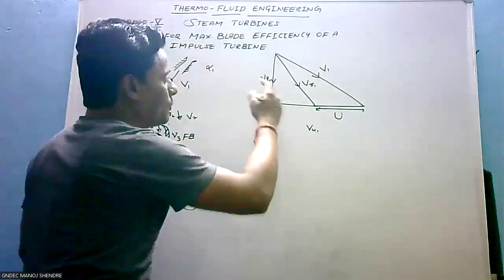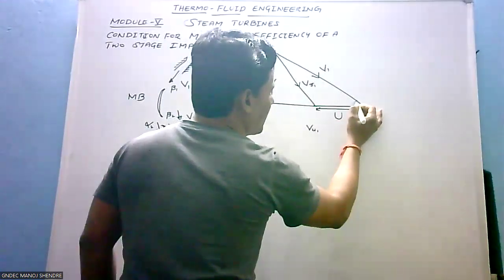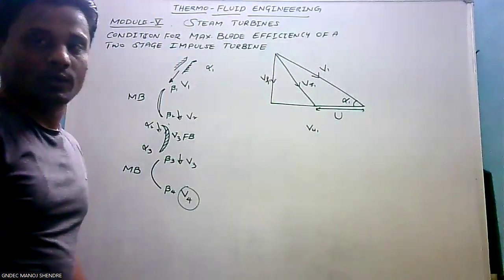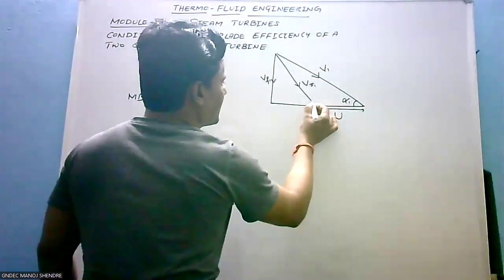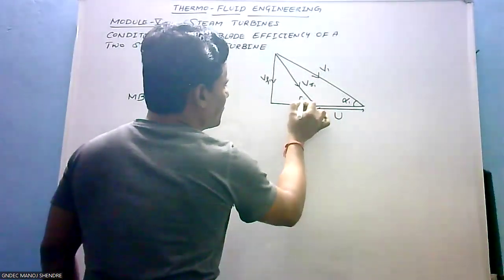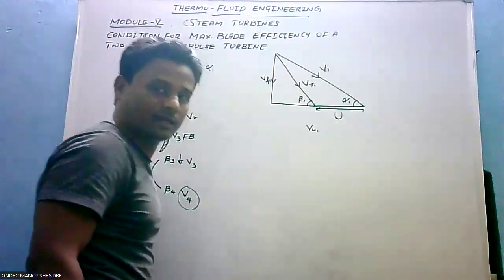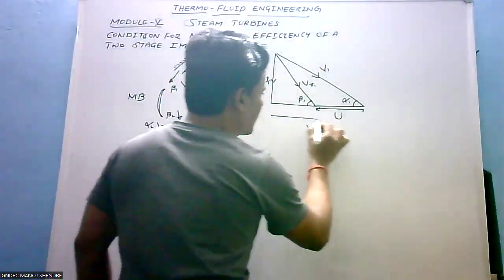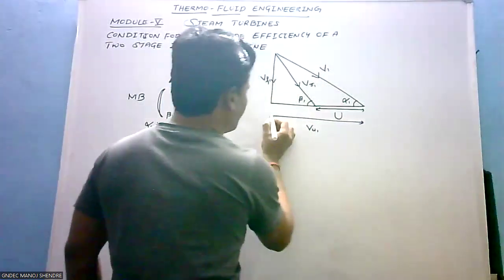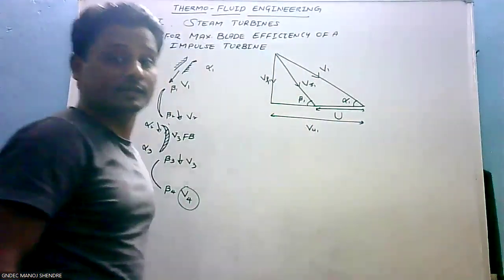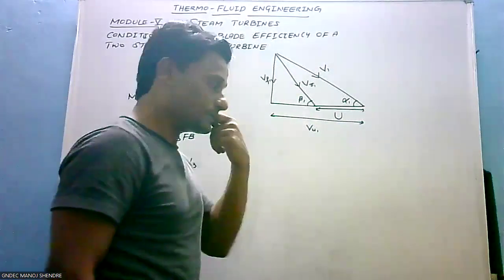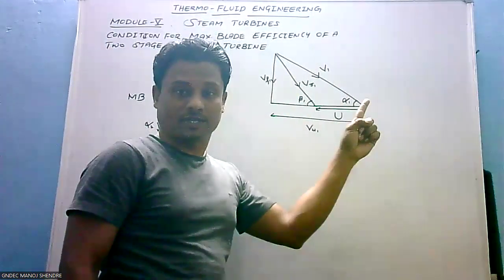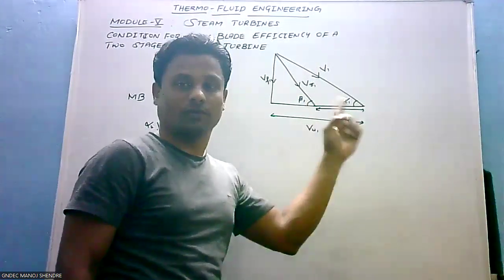V1 experiences the angle alpha 1 with respect to horizontal. VR1 experiences the angle beta 1 with respect to horizontal. The complete horizontal component is VU1. You have to practice this. Now this is the inlet velocity triangle for the first stage.